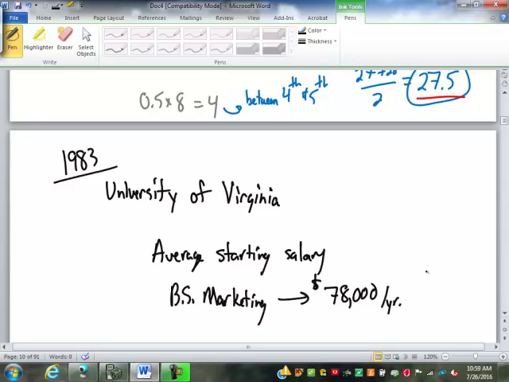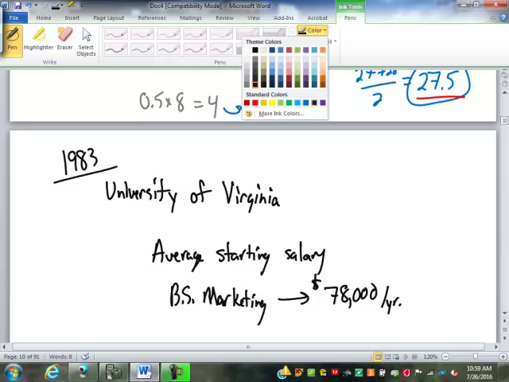How many of you would take a job for $78,000 right now? Now go back to 1983. In 1983, to put things in perspective, your average high school teacher was starting out at around $16,000 or $17,000 a year. $78,000 a year seems like quite the windfall.